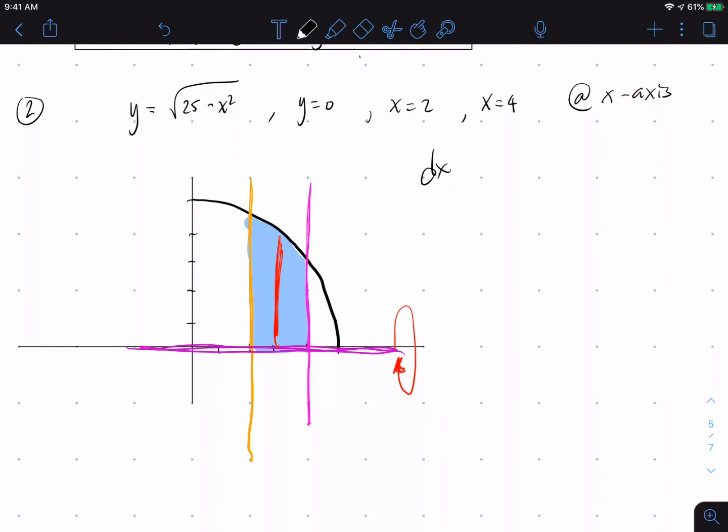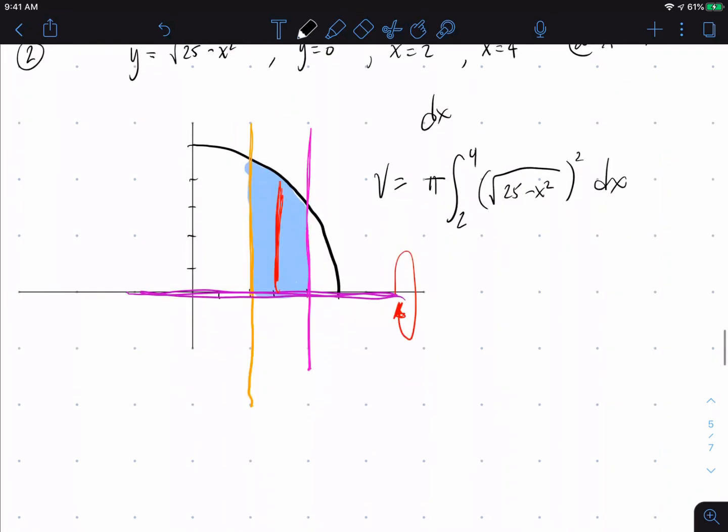Now, washer or disc? It's a disc, right? There's no gap to the axis of rotation, so we have a disc. What are our bounds? Perfect. 2 to 4, pi, that's volume, and our function is 25 minus x squared, that's squared, dx.